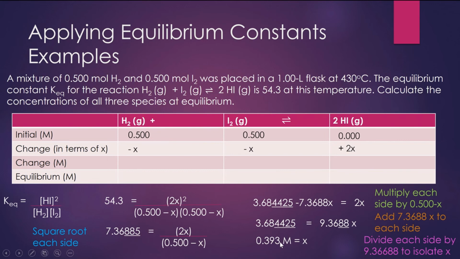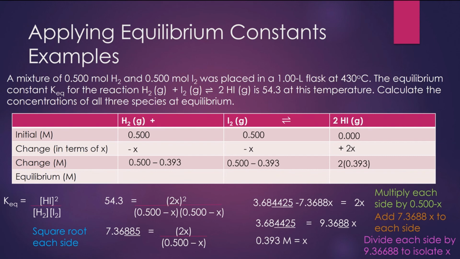That's not necessarily my final concentration. Let's take a look. So for my H2, remember X tells me how much H2 decreased by, so it's not really the final concentration. In terms of X, it started at 0.5 and went down by 0.393. I2 also started at 0.5 and went down by X, so it went down by 0.393.